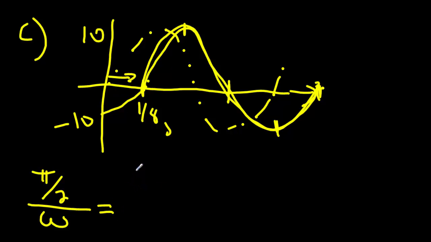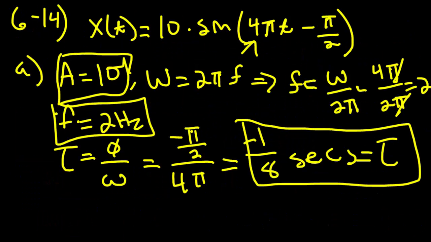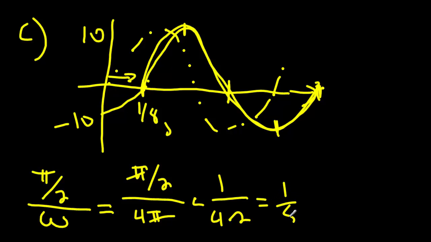So this is equal to pi over 2 divided by what was our angular frequency? 4 pi, which would then equal 1 over 4 times 2, which equals 1 over 8.